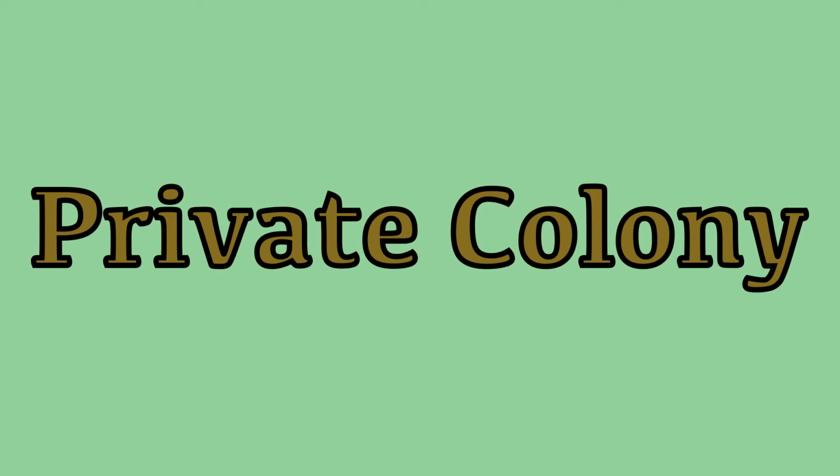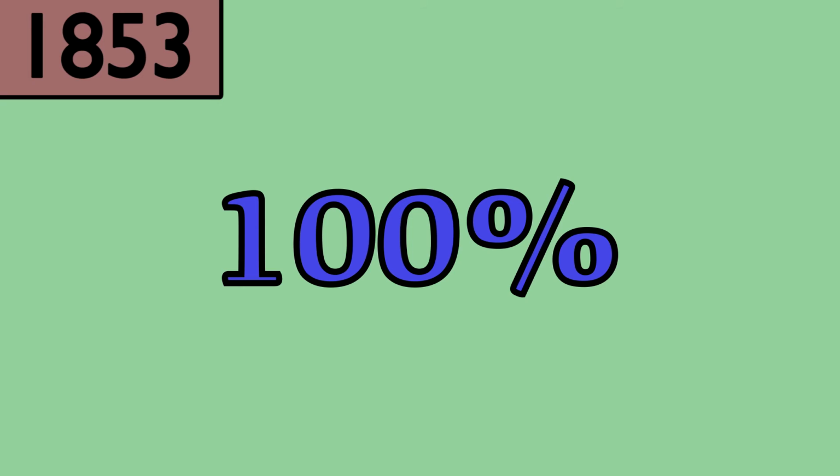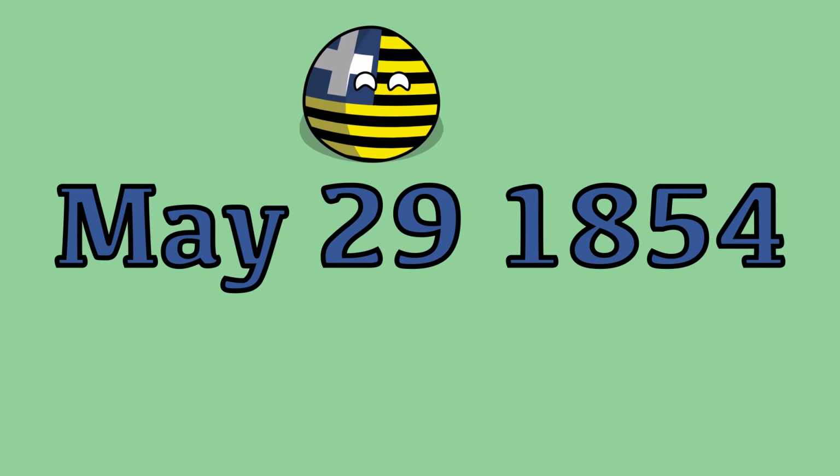In the following years, Maryland would slowly move from being a private colony to a fully fledged independent republic. This would culminate in a referendum eventually taking place in 1853, with the population of Maryland unanimously choosing independence from the Maryland Colonization Society, with independence being declared on May 29, 1854, giving birth to the Republic of Maryland.